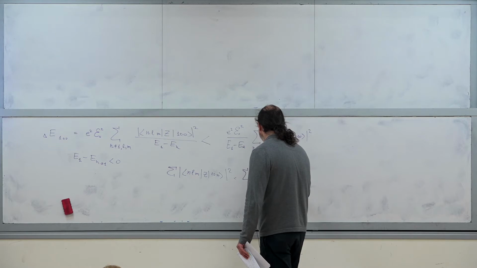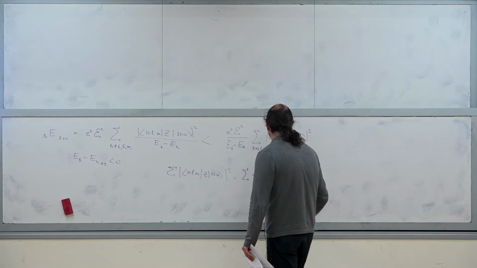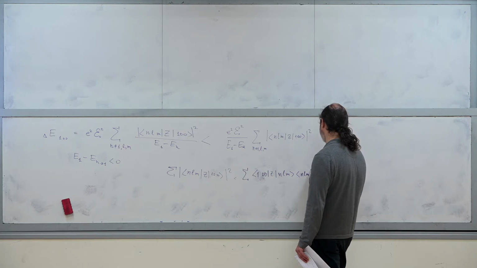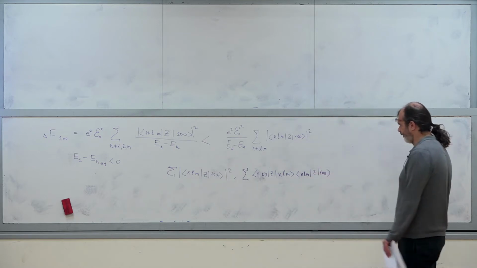So 1 0 0, z, n l m, and I'm closing that with n l m, z, 1 0 0, right?